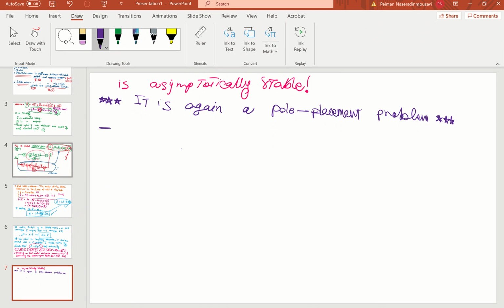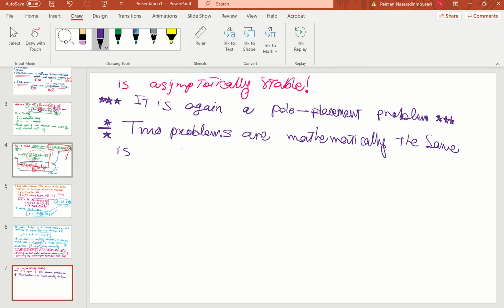So how do we do that? This is super important, guys. In mathematics we have a principle that we name duality, meaning two problems are mathematically the same. We have two problems: one is designing the control input, the controller U, and the other is designing the observer.